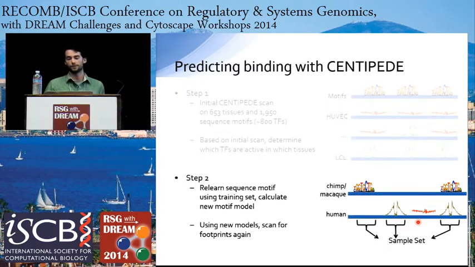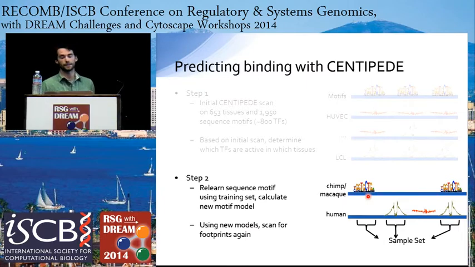The next step was to recalibrate some of these sequence models, mainly because a lot of the ones in the databases available today are very outdated and based on non-human data. To do this, we used the sequences present at the footprints we saw in our initial scan, as well as some human sequences that have orthologous matches to the motif in chimps and macaque.